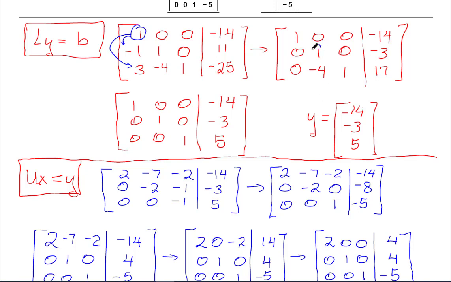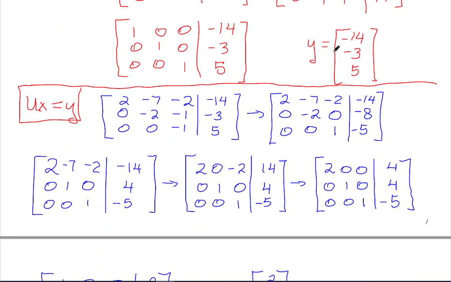I then will use this one to make a 0 under it. And so once I've done that, we have reduced it, and so I can see that y is minus 14, minus 3, and 5.